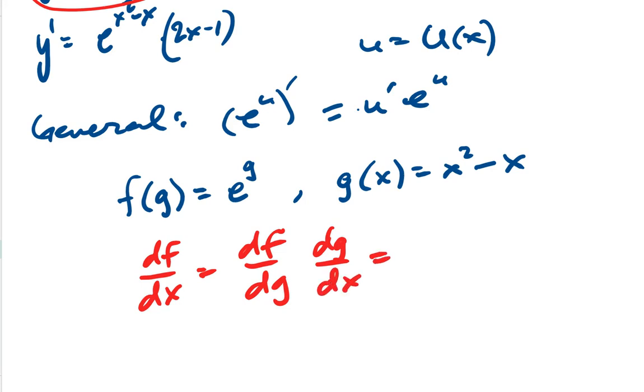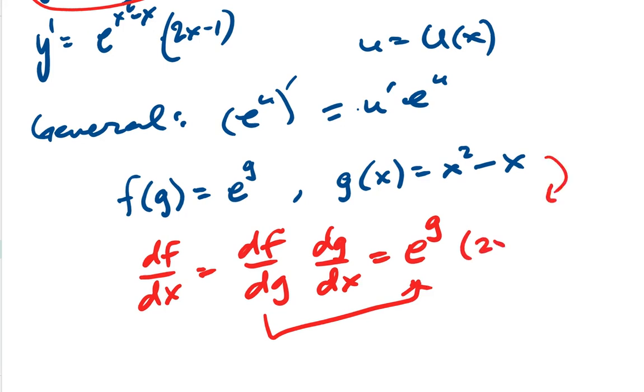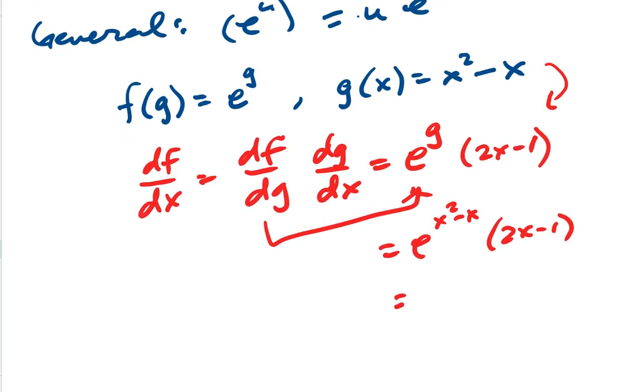So df dg is just e to the g. The derivative of e to the x is e to the x. So e to the g, the derivative is e to the g. And so that's this piece. And now the derivative of g with respect to x, pull this down, that'll be 2x minus 1. And so just re-plug in g, so this will be e to the x squared minus x times 2x minus 1. And a lot of times I write it as 2x minus 1 times e to the x squared minus x.